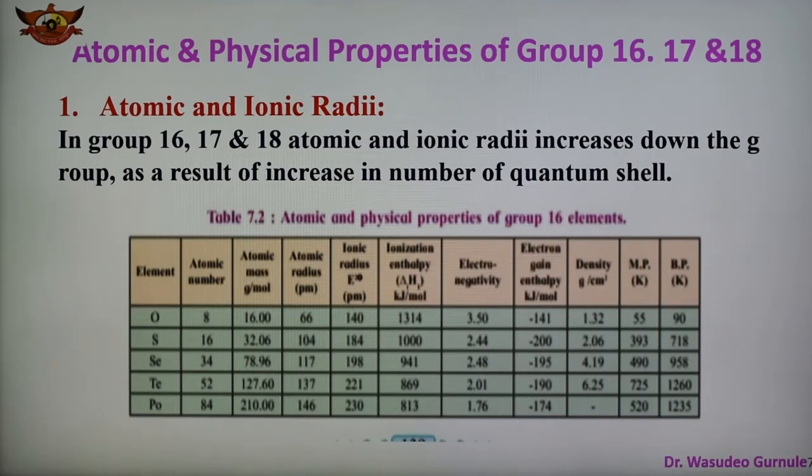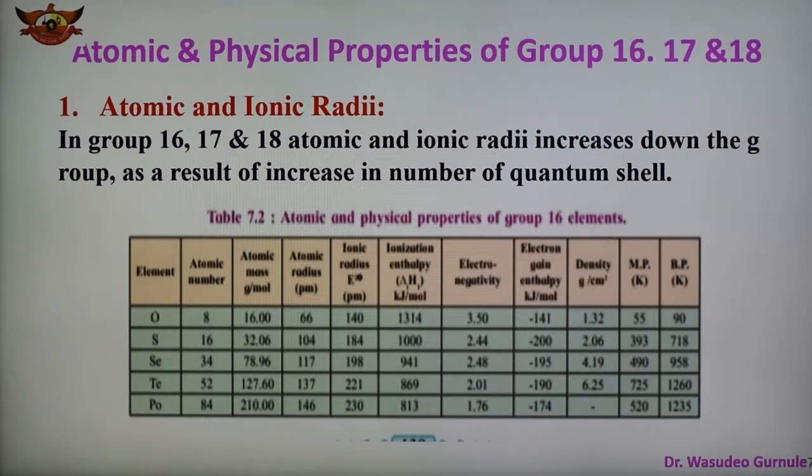As we know, atomic and ionic radii decrease with increasing atomic number in a period, because of the effective nuclear charge, and the elements have the smallest atomic radii in their respective period. So we can explain the decrease of atomic and ionic radii in the period, and the increase as we go from top to bottom in the group.